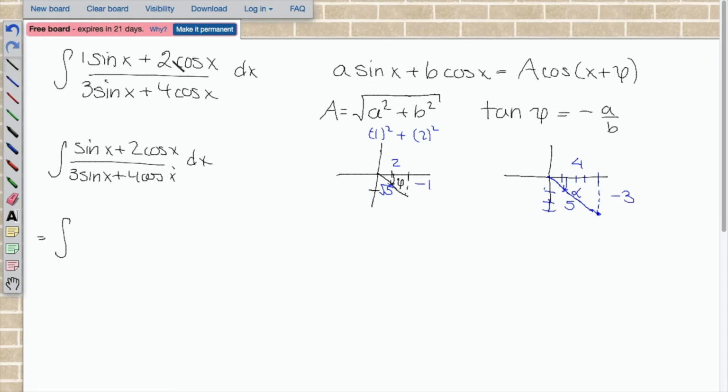A is 1, b is 2, or a is negative 1, it doesn't really matter. Either way, you get the square root of 5 for the top, cosine of x plus phi for our first angle. And on the bottom, we have, of course, 5 cosine of x plus alpha. And this is all still with respect to x.